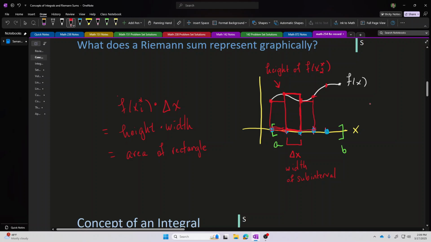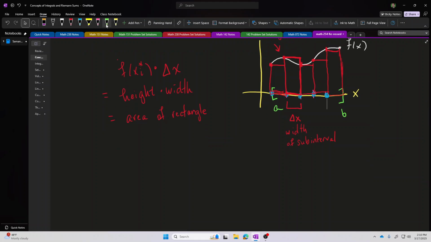There would be another rectangle here with a height of x4 star, our fourth output. And then there would be another rectangle here with a height of x5 star, our fifth chosen output. The 5 terms in the Riemann sum are giving us the 5 areas of these 5 rectangles that have been attached to the graph of f of x.